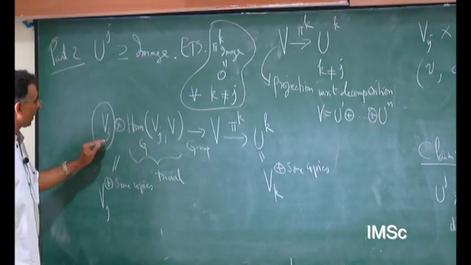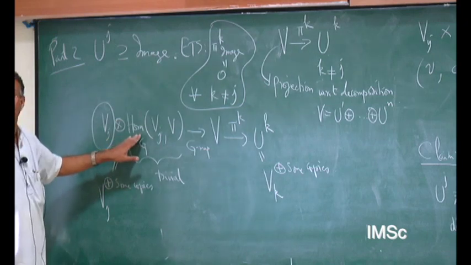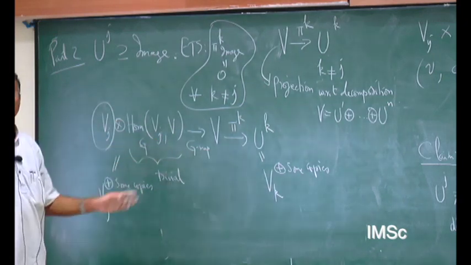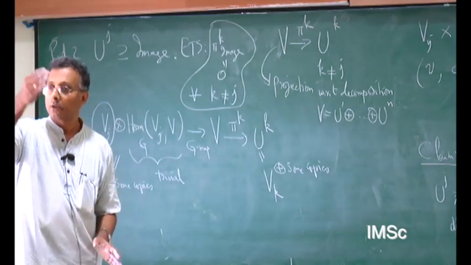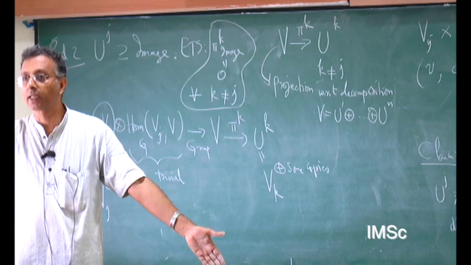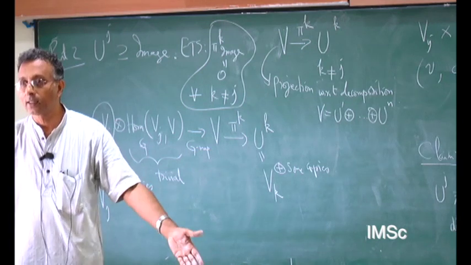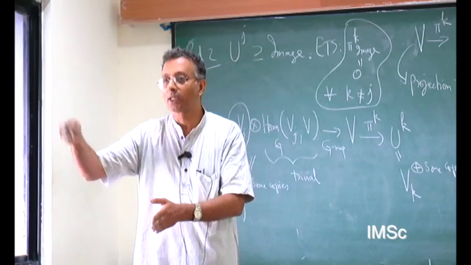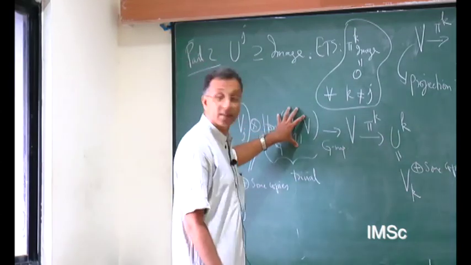If you have a trivial G module, how does this break up as a G module? You take any line. You break it up into one-dimensional lines and write it as a direct sum of trivial plus trivial plus trivial, as many times as the dimension of this.